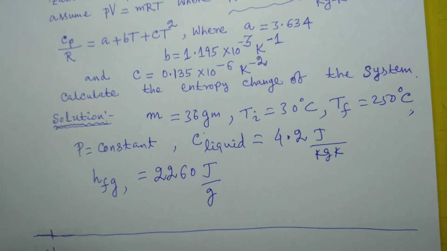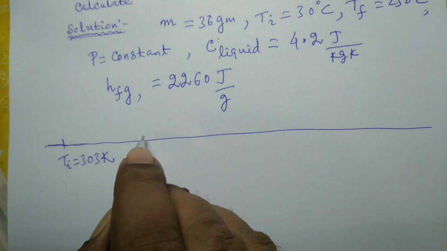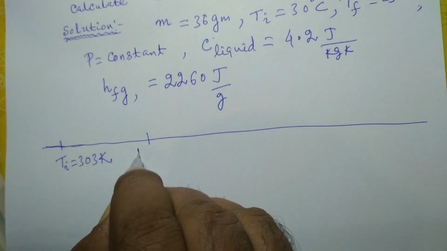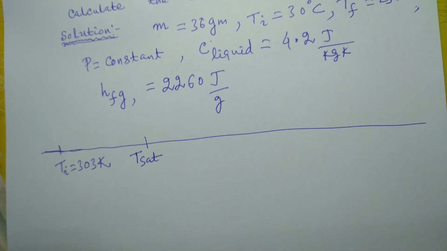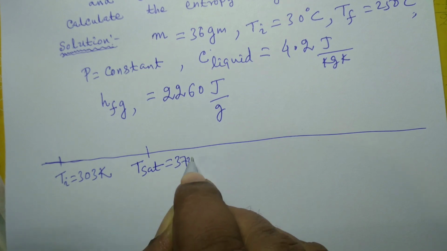This is, suppose, Ti, the initial temperature, in terms of Kelvin, that is 30 degrees Celsius, and then it comes to the liquid saturation temperature. We know that at 1 atmospheric pressure, saturation temperature is 100 degrees Celsius or 373 Kelvin.